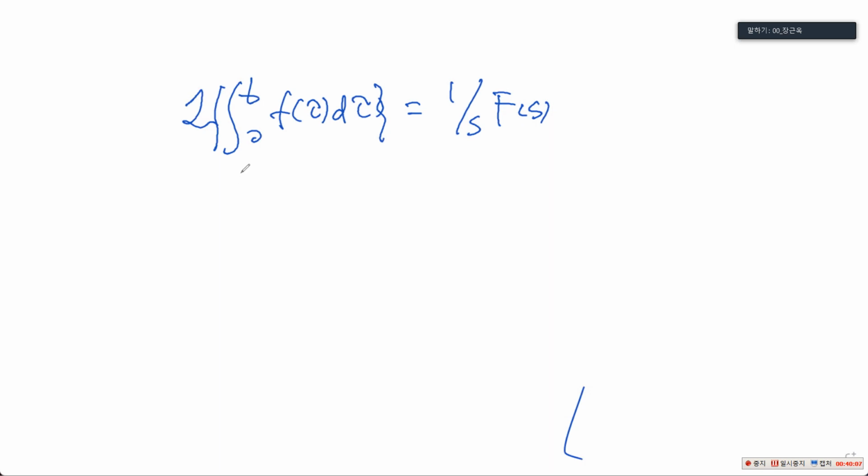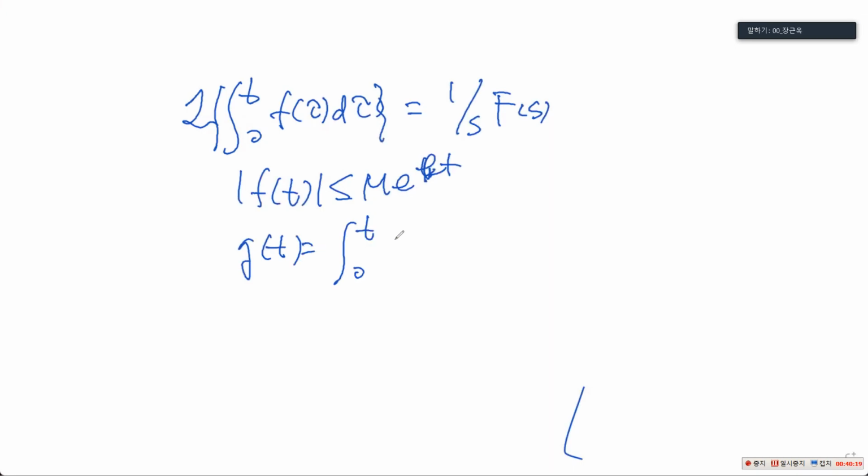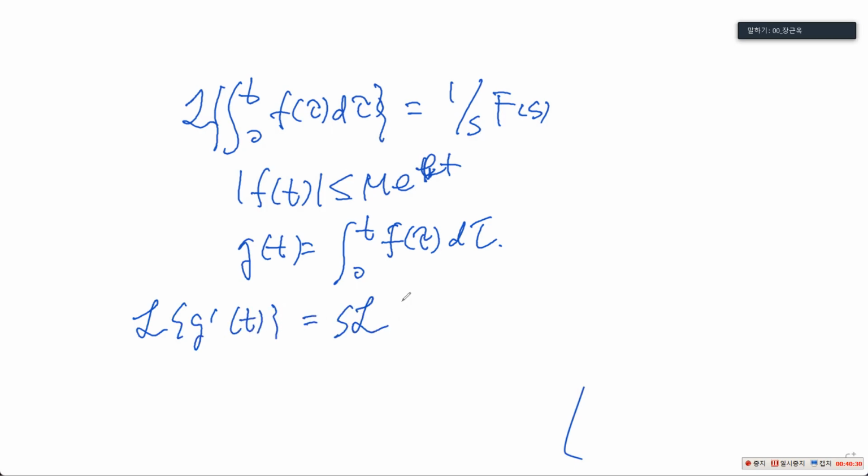So the condition is still the M-K condition, and I would like to say v(t) is the integration from 0 to t of f(tau) d tau. The Laplace transformation of g prime t is given by s times the Laplace transformation of g(t) minus g(0). We already showed the relation.